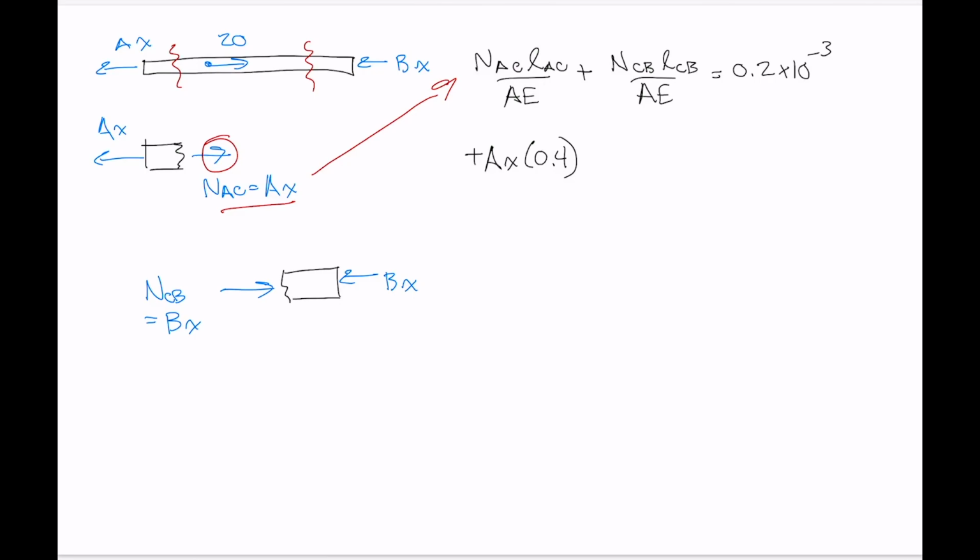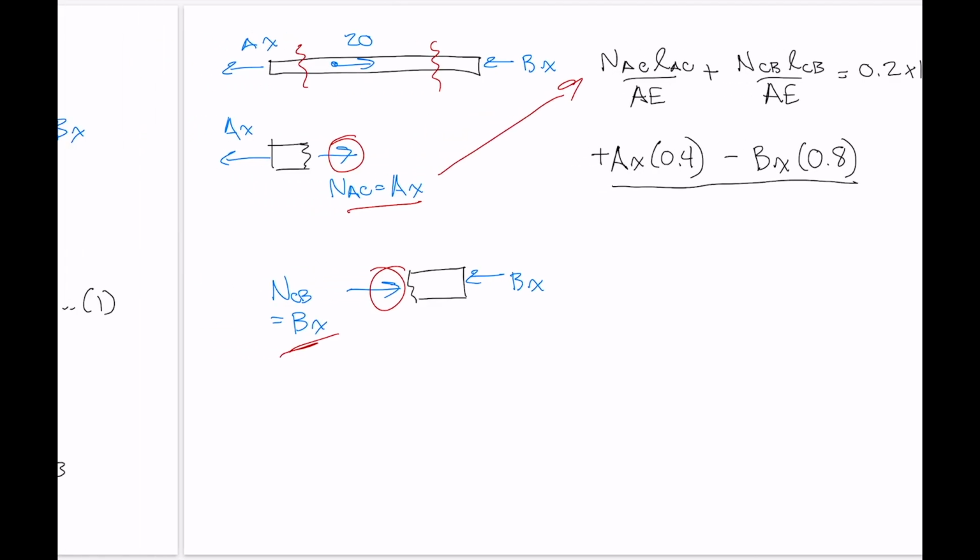next term, NCB. So here's NCB over here, it's BX, and note that it's compressive, so we've got minus BX, and then the other segment was 800 millimeters long, and we're dividing by the cross-sectional area.